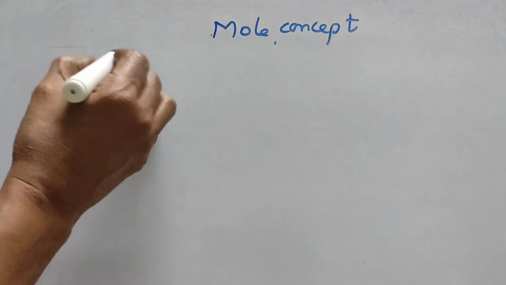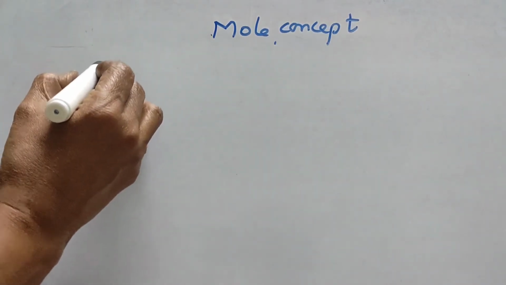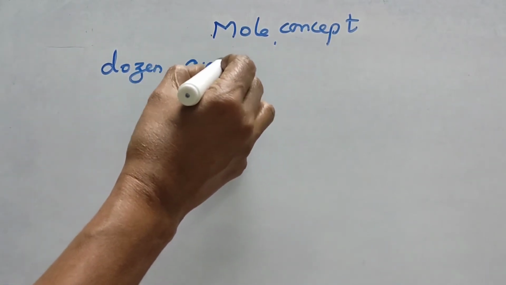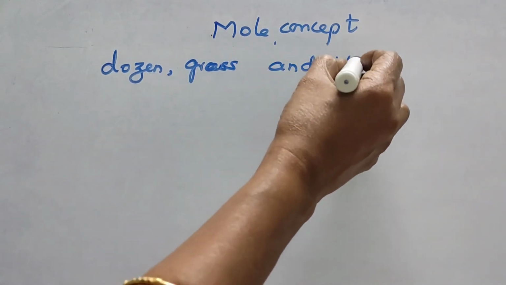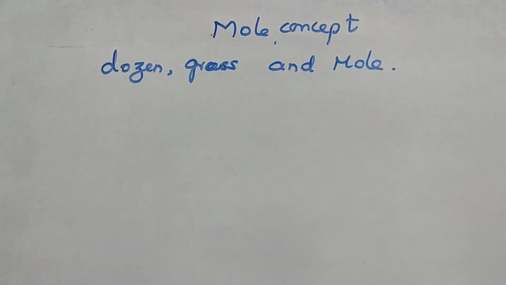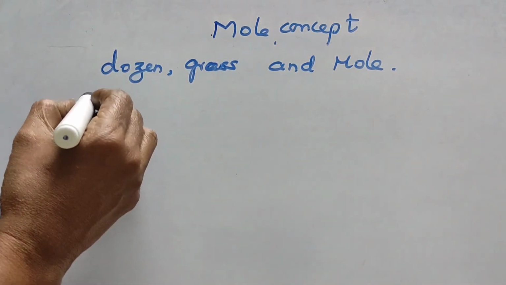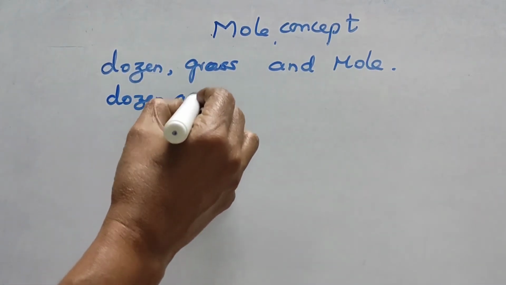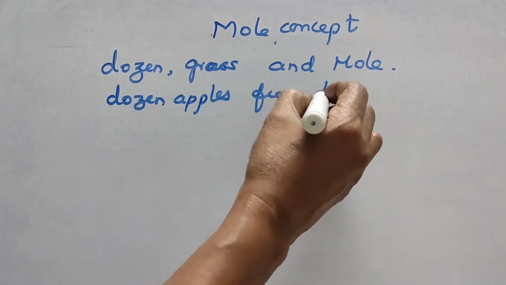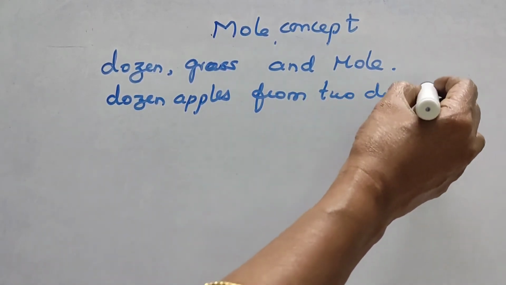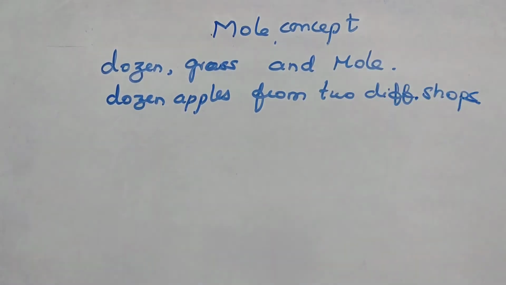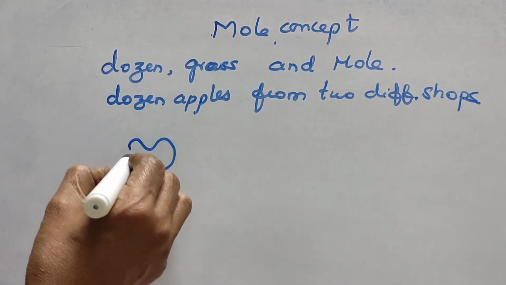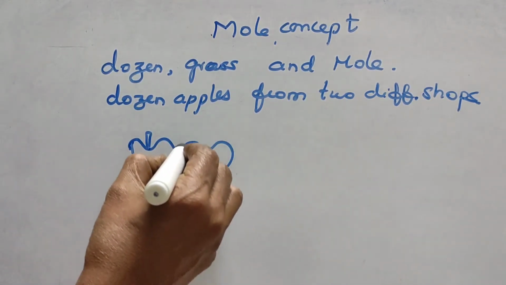Now the difference between other counting units like dozen, gross, and mole. Imagine we have bought a dozen apples from 2 different shops. In one shop, the size of the apple is like this.